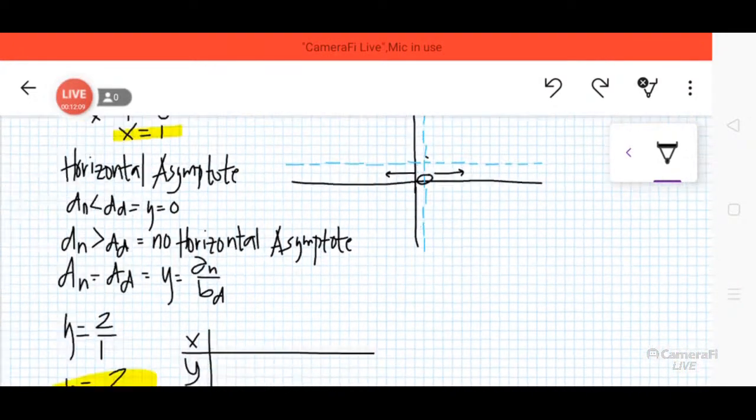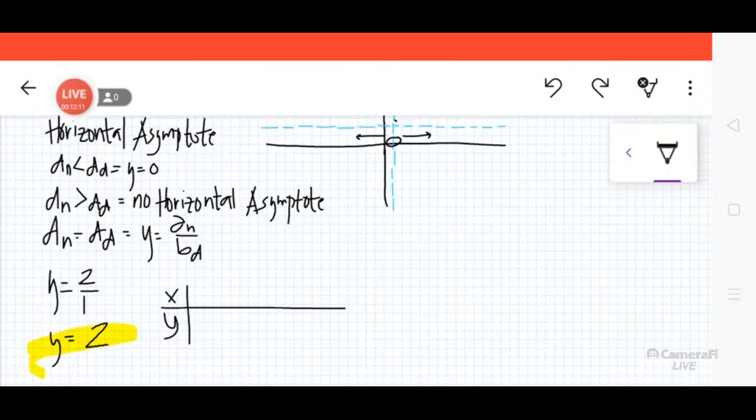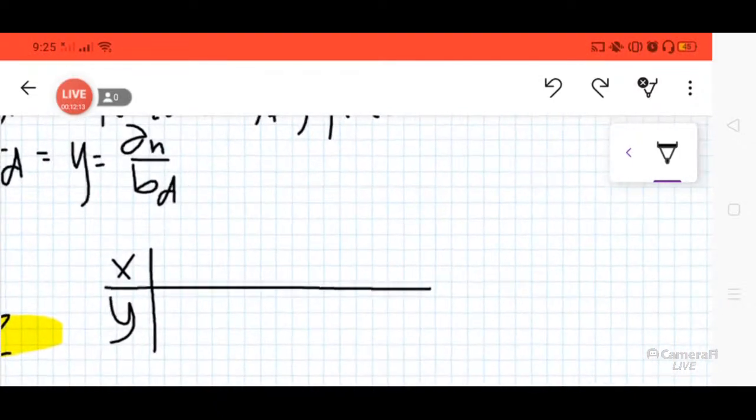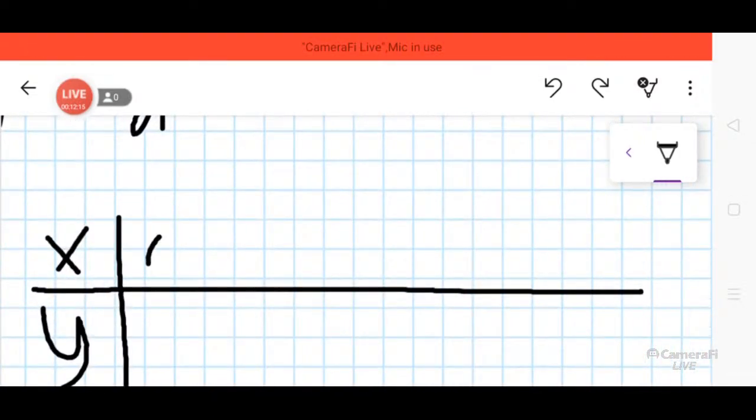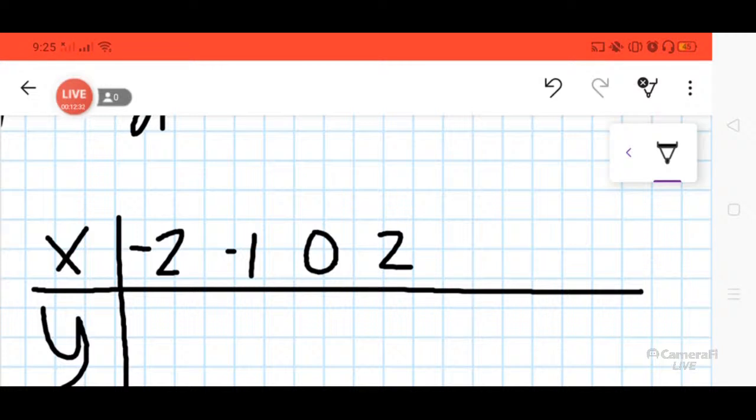So we have negative 2, negative 1, 0, and then 2. We have to skip 1 because that is not part of the solution. So this is our x and our coordinate points.